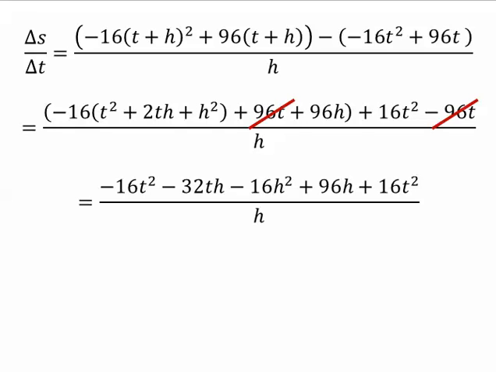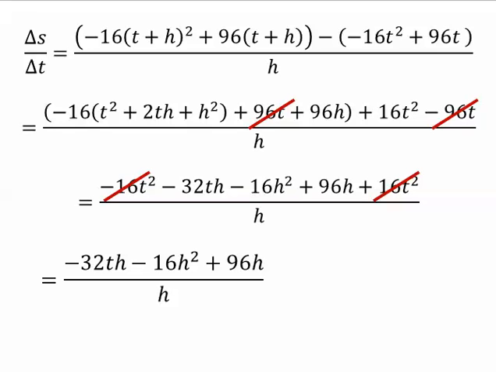Continuing on, let's combine 96t with negative 96t, and let's distribute the negative 16. After we do that, we can cancel the 16t squared with the negative 16t squared, and then divide by h.